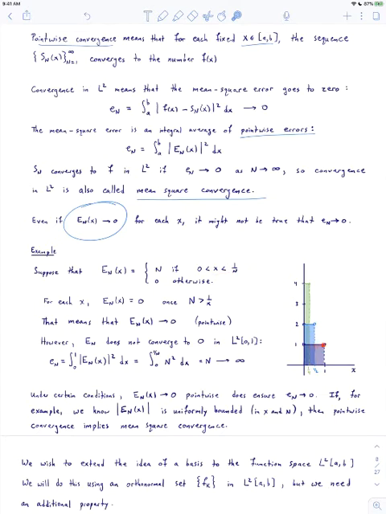Now I just filled it in so you could see, because the area underneath this curve is 1. Now when n is equal to 2, then e at n of x is equal to 2 for x between 0 and 1 half. So that's here.